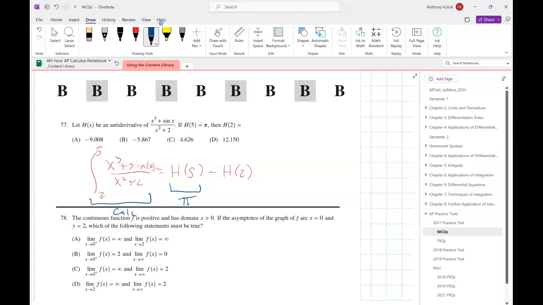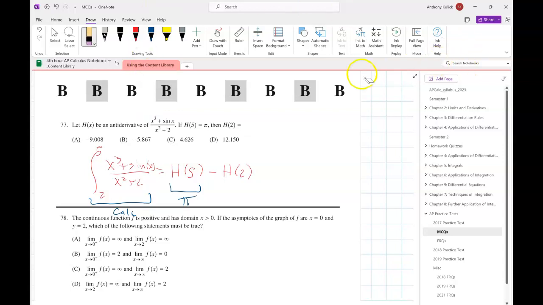Be looking for it. Everybody's okay with that? The trickiest piece of this is they said h is the antiderivative of this, rather than saying h prime of x is equal to that. Maybe if they said h prime of x is equal to that thing, it would have occurred to more of us what to do, maybe. But those are equivalent statements.